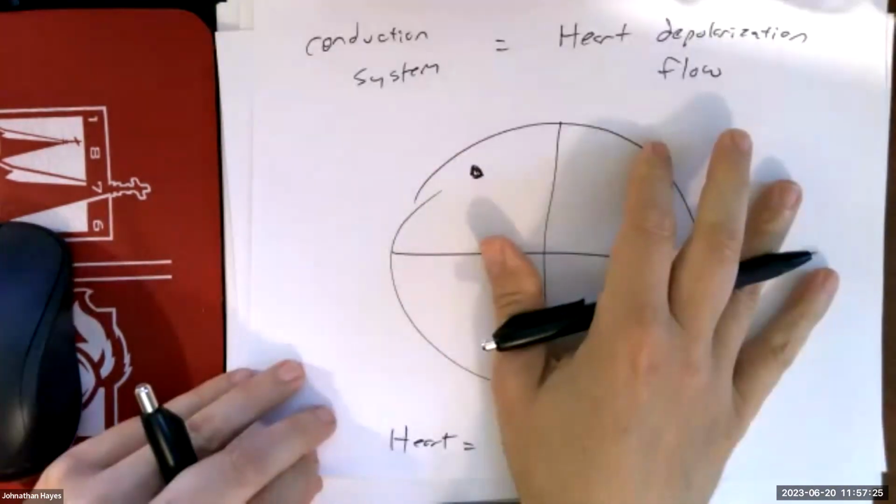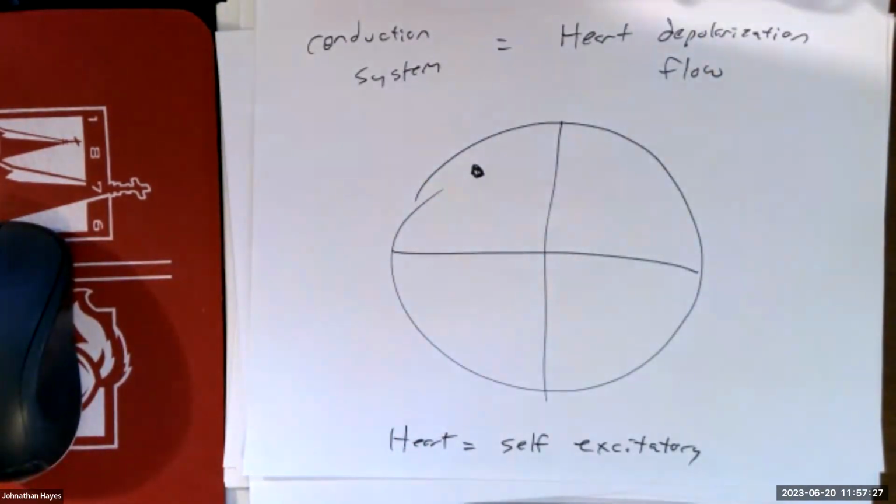And throughout the heart, we have these specialized cardiomyocytes that can depolarize on their own without any input whatsoever. Like you don't need a neuron to tell it to fire. You don't need a certain type of neurotransmitter to tell it when to fire. It just fires on its own based off fluid electrolyte normal values, right? And wherever we fire first is going to be our kind of lead node.